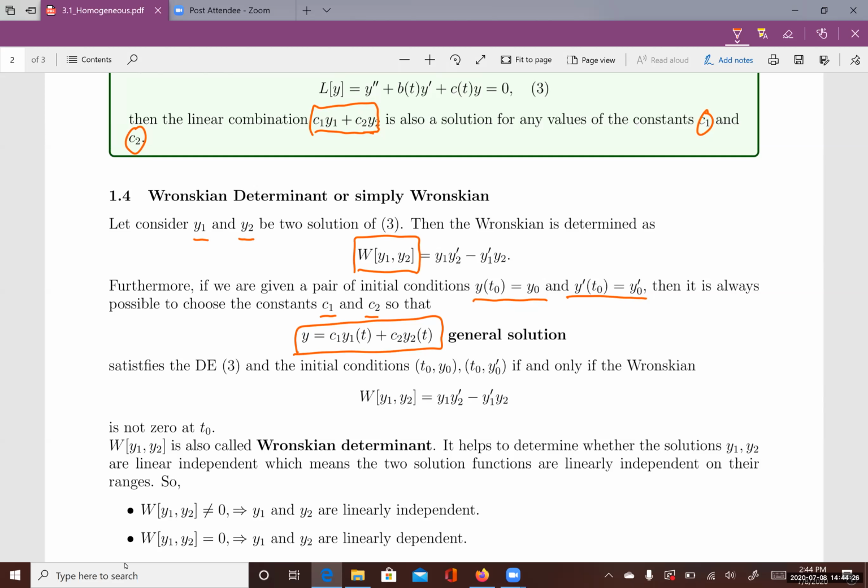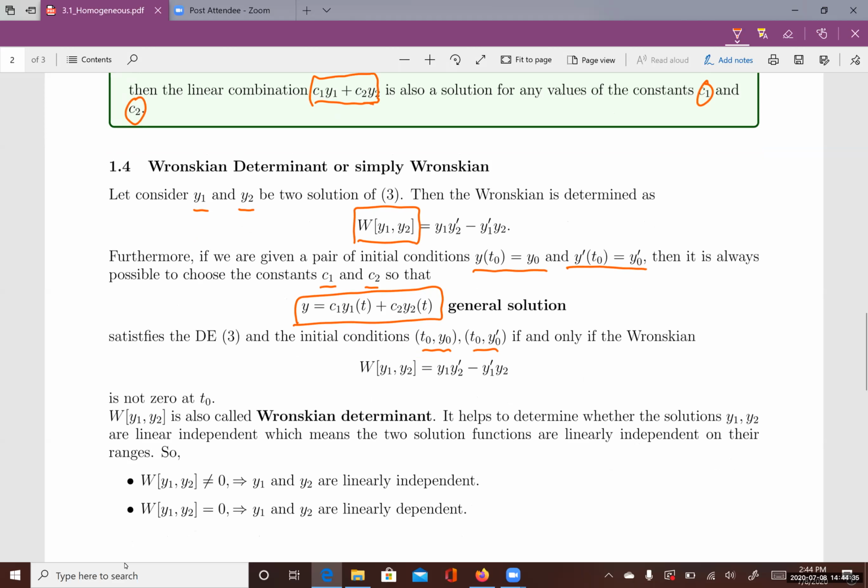And then the initial conditions y of t0 and y prime of t0. This is the general solution if and only if the Wronskian of y1 and y2 is not 0 at t equals t0.